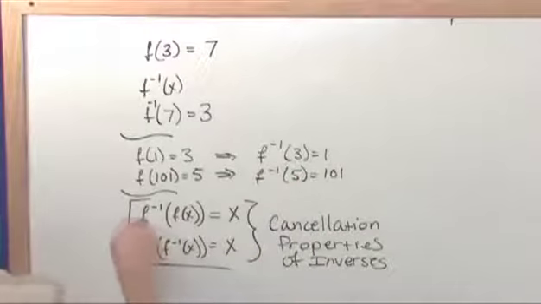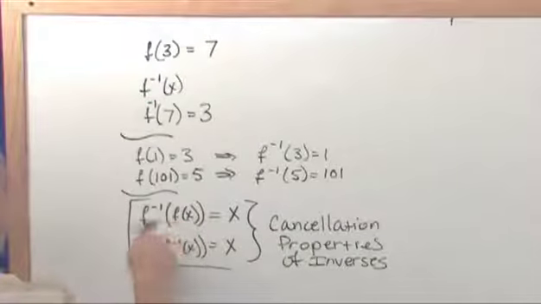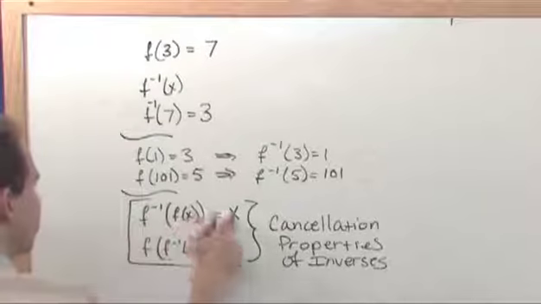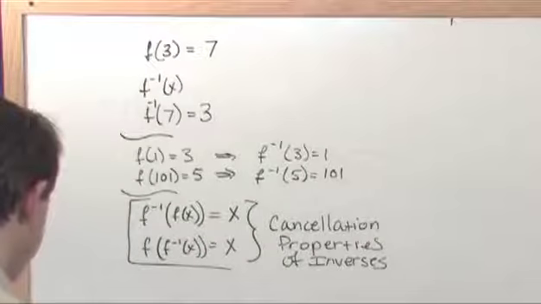So I'm evaluating f inverse of f of x, and basically these cancel each other, leaving you with x, and these cancel each other here, leaving you with x. It's the best way to think about it.